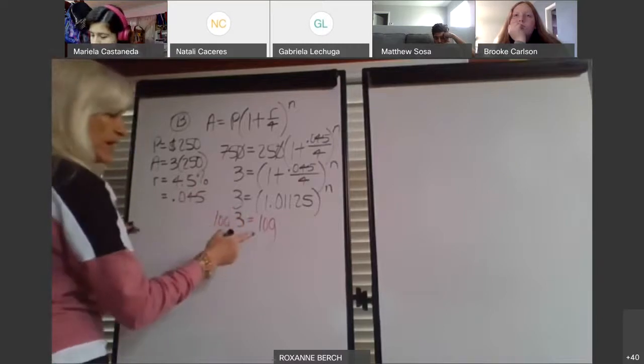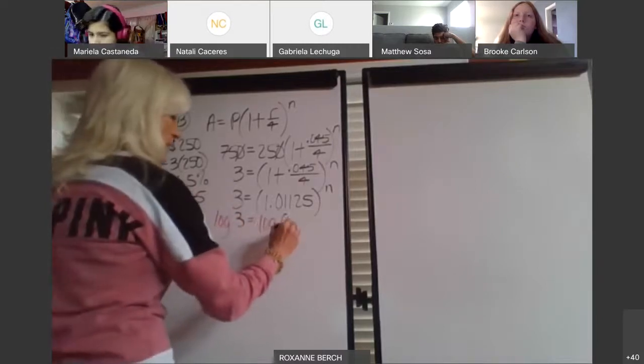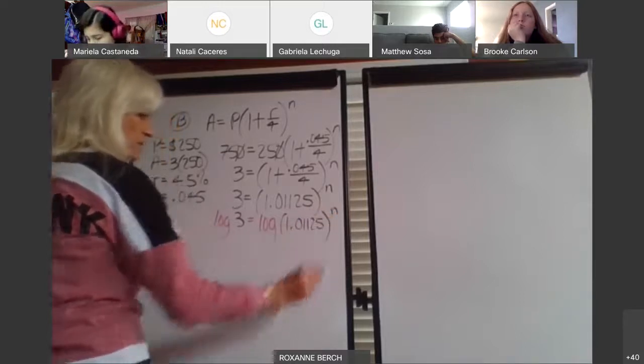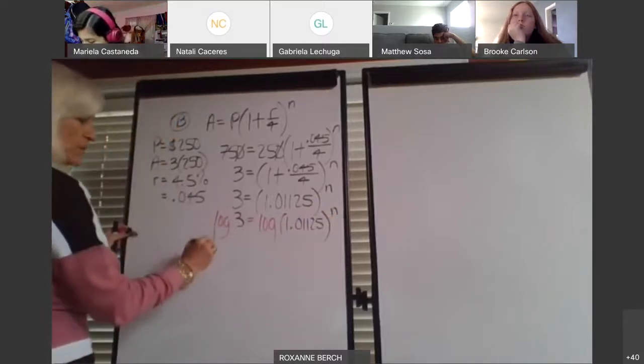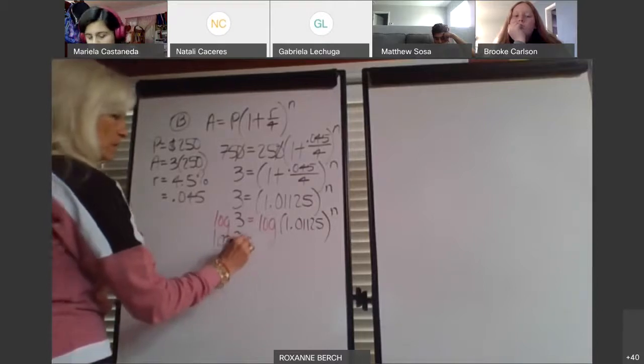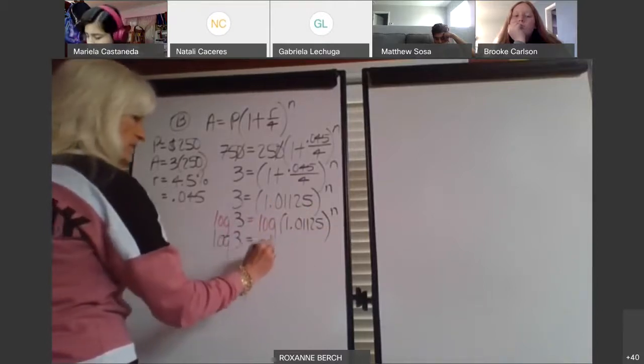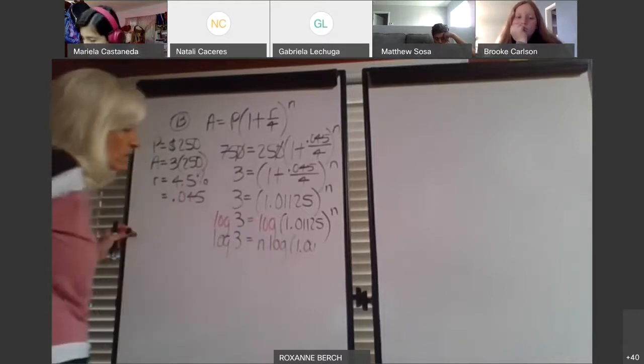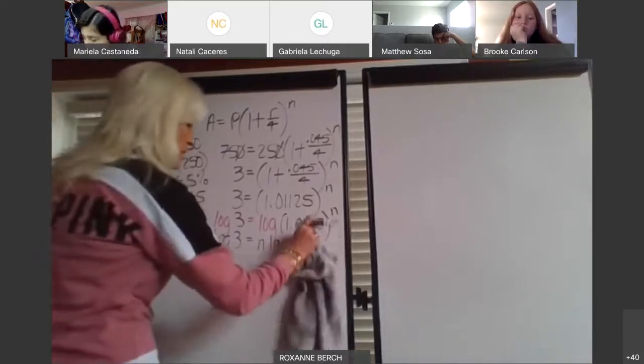So log base 10 of 3 equals log base 10 of 1.01125 to the n. And now I'm going to use the power property. So bring n down in front: n times log base 10 of 1.01125.